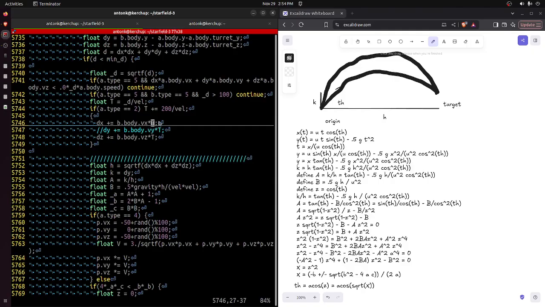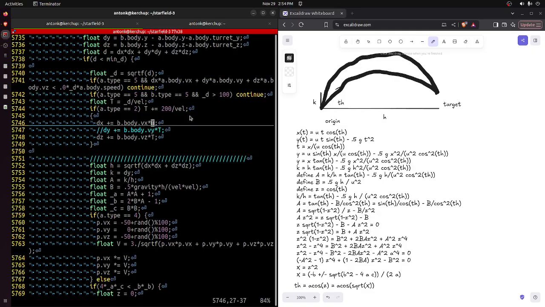So here the capital T is just the time that it takes the projectile to reach the target. But this assumes that we're moving at a constant speed, so we're not doing this whole curvature thing. So this is just an approximation.